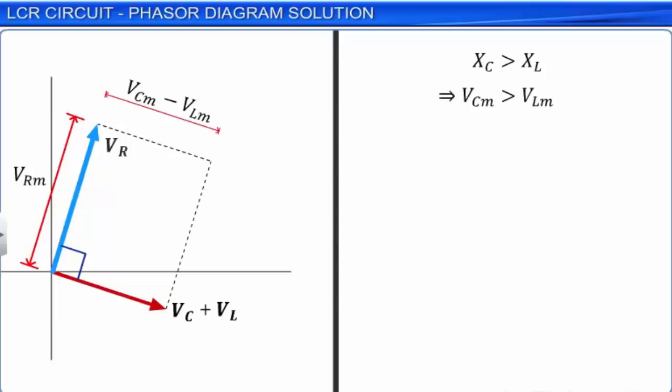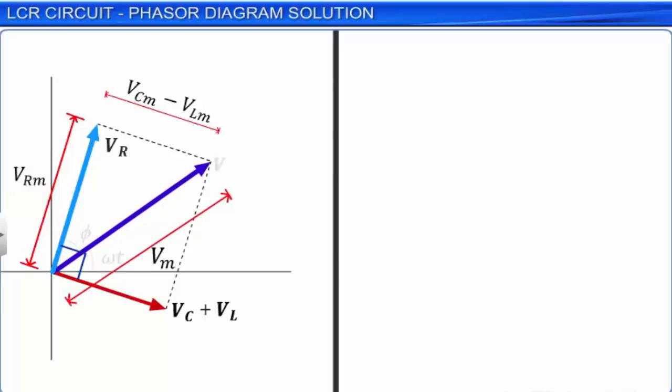The phasor with the magnitude VCM minus VLM is at right angles to the phasor with the magnitude VRM. The amplitude of applied AC voltage Vm can be calculated by using Pythagorean theorem on the simplified phasor diagram.